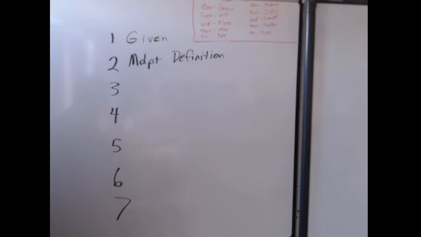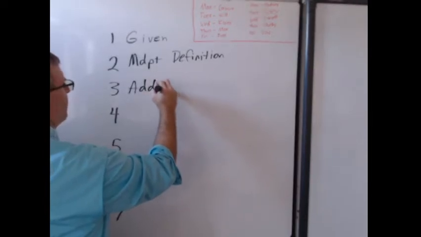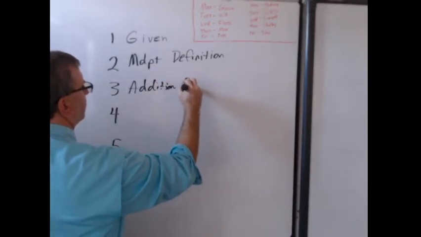Okay? Then on number 3. Now I just added something in, to where now I took DE and DE, and I added it, and then I took DE and EF. This is known as addition property.